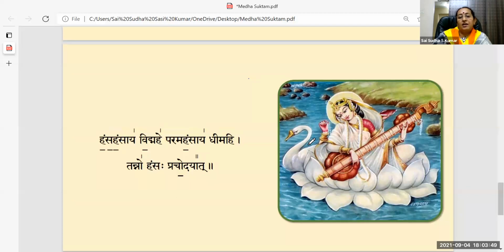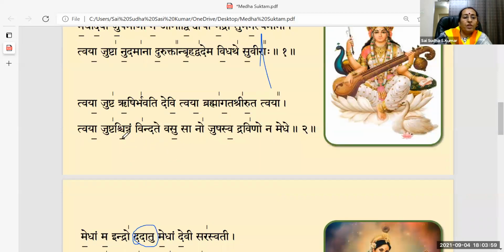Shanti shanti shantih. Now, I'm sorry, I left this one over here. Jushtas chitram vindate. Here the anuswara sound is followed by the V verb, so a nasal sound has to come before V. So it will be Jushtas chitram vindate.